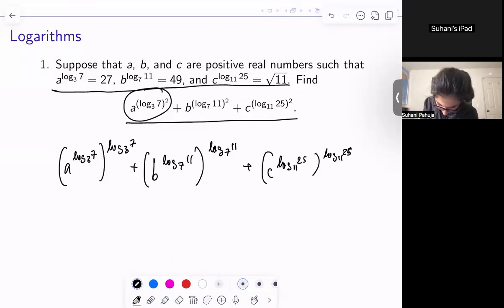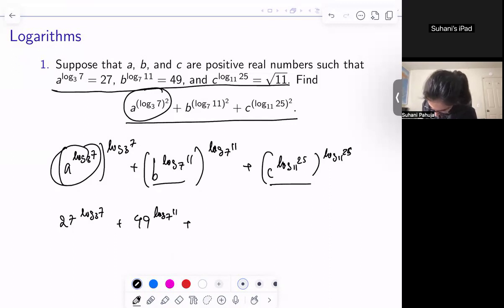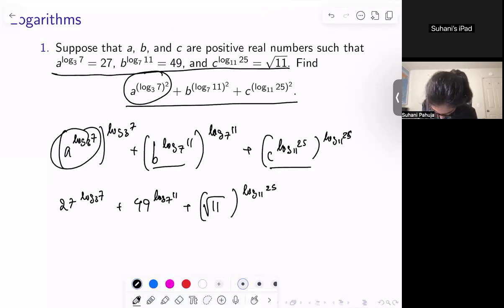So then we realize that this value, this value, and this value are all given to us. So it becomes 27 to the power of log base 3 of 7 plus 49 to the power of log base 7 of 11 plus root 11 to the power of log base 11 of 25. And then we can say that this is 3 to the power of 3, since 27 is 3 cubed.